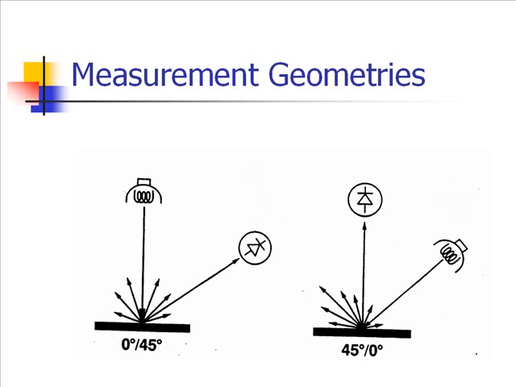This is our spherical geometry, the other type, and this is the type that we have in our lab for all of our instruments except for maybe one of the handheld units.